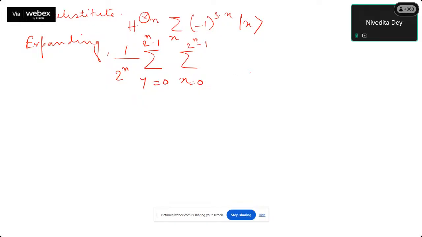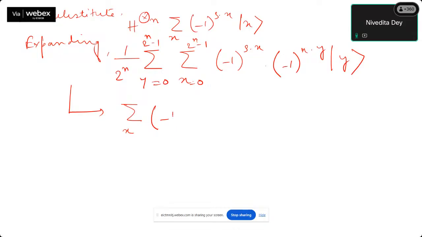Okay, and then minus 1 to the power s into x into minus 1 to the power x into y, get y equal to 0, and this will become sigma x minus 1 to the power s into x plus, of course this will be added up, x into y, right?